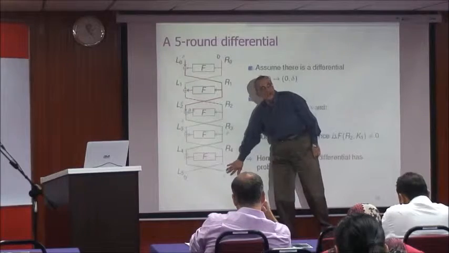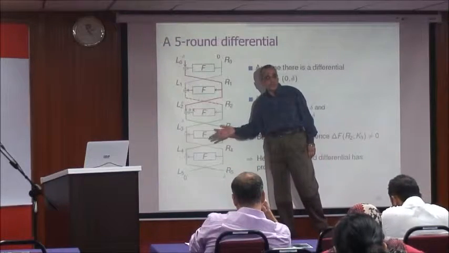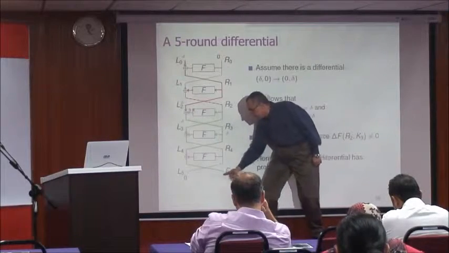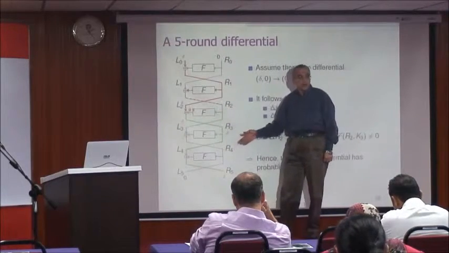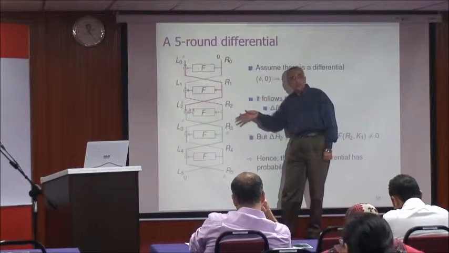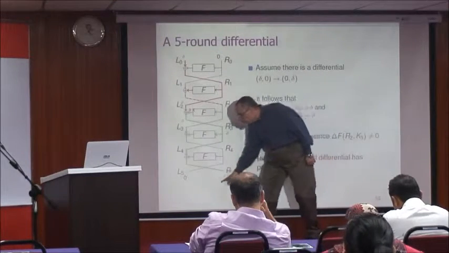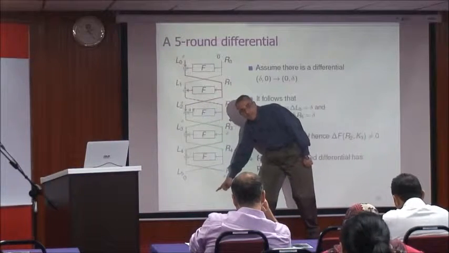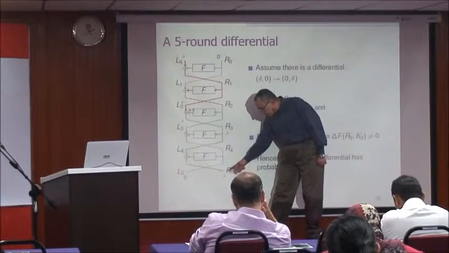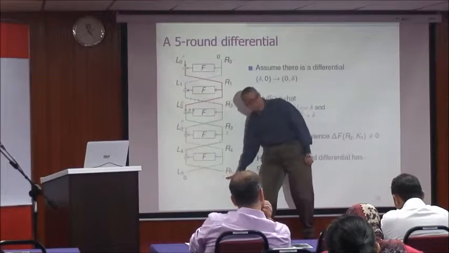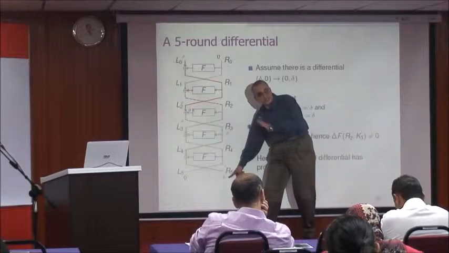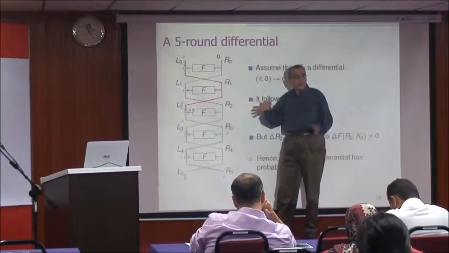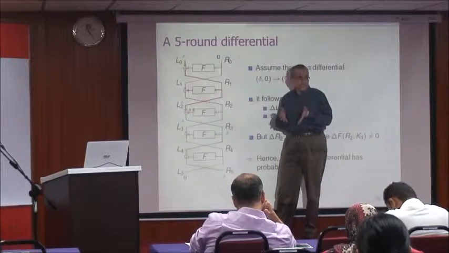In this case, I'm going to exclude the wrong keys, because I know that if my key guess shows me that I have this difference, then this key guess must be wrong, which means that I have to exclude it. If I repeat this enough number of times, I'm going to exclude all the wrong guesses, and I should end up with the right key guess.